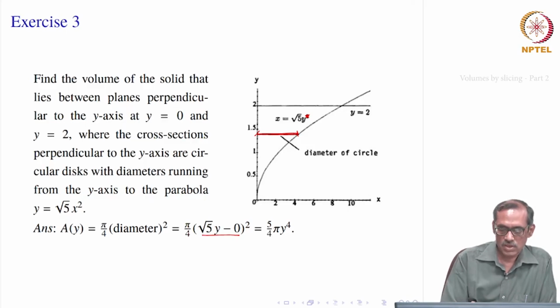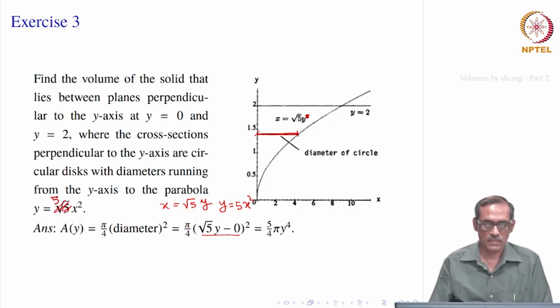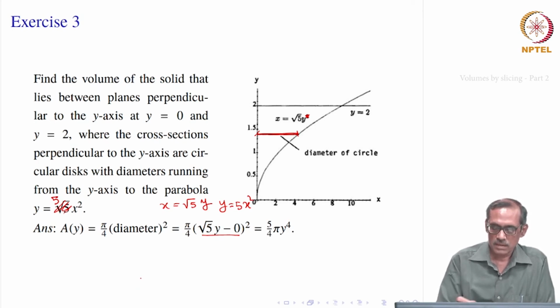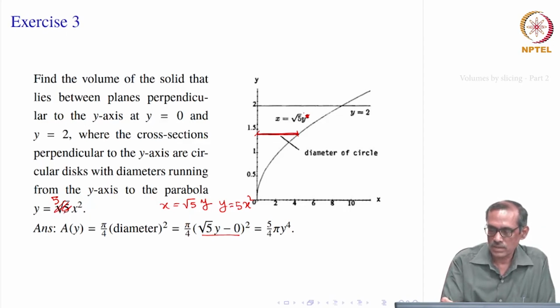So, that means what is the parabola? It is x equal to root 5 y or y equal to 5 x square, right. So, y equal to 5 x square, not root 5. So, you can write x equal to root 5 y is the correct one. Root 5 times y square.